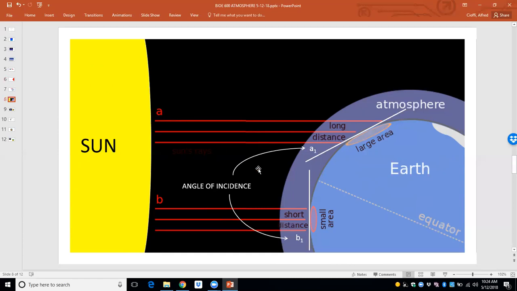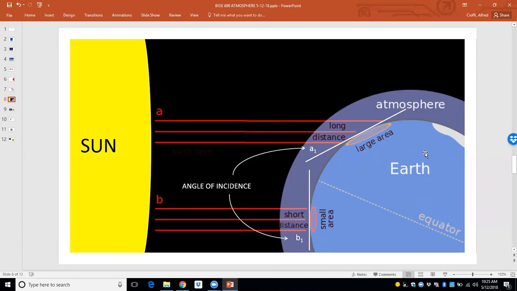Okay, stick with me. Right, it's rather because of the angle of incidence. The bottom line, the difference in temperature is because of the angle of incidence, all right? In other words, the greater the angle of incidence, the more heat there's going to be, because the rays are bouncing off almost backwards on a mirror. And that causes more concentration of rays, if you will. The surface that is being hit proportionally is smaller at the equator than at the poles because of that angle.